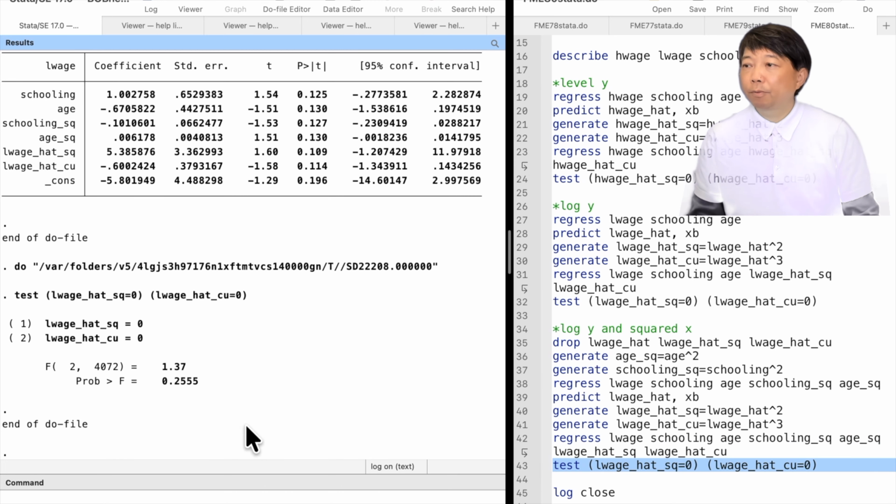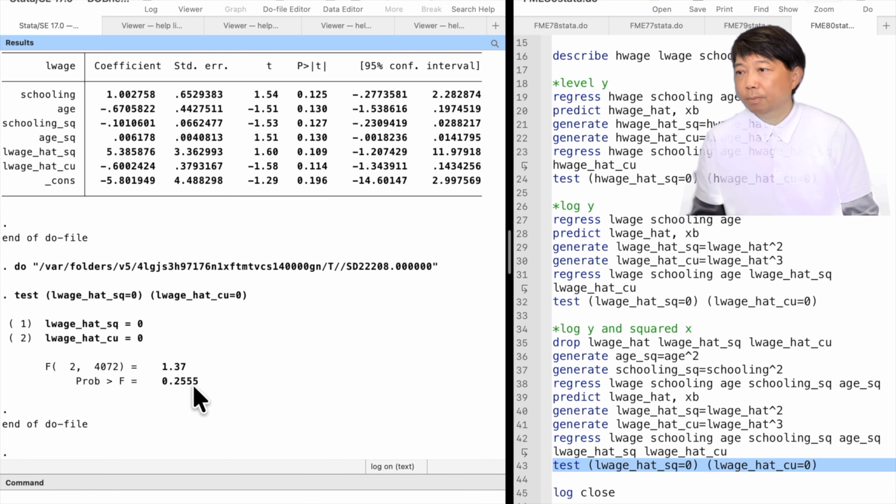The F statistic for the RESET becomes even smaller, 1.37, and its p-value is 0.26. We fail to reject the null hypothesis at any significance levels below 26%, including the conventional 1, 5, and 10% significance levels.